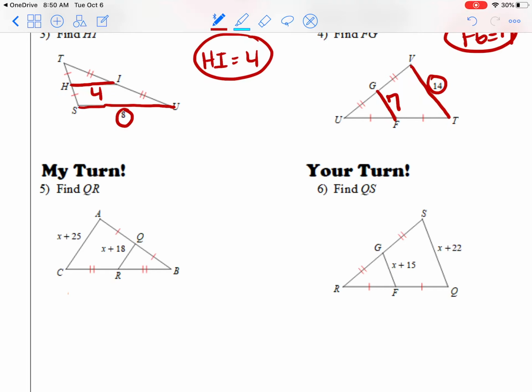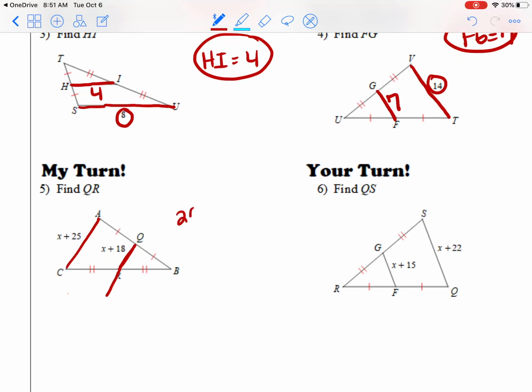Now, what about when they throw some algebraic expressions? So looking at this one, it says find the length of QR. QR is our mid-segment, and that's the one that we must double in order for it to be equal to the third side.